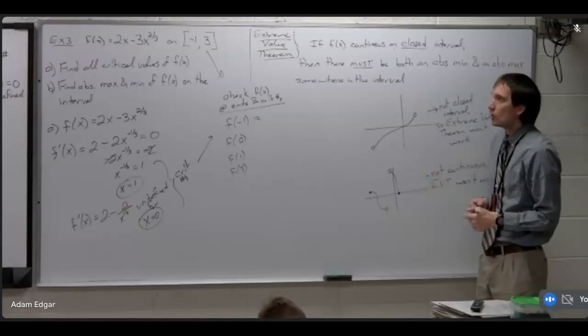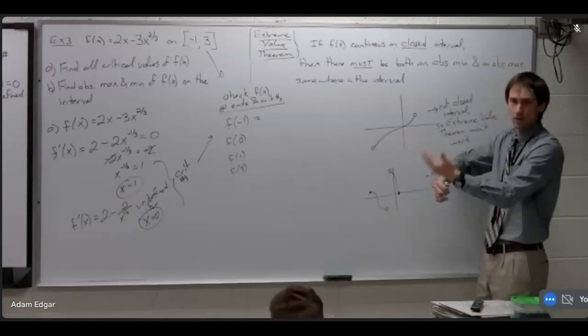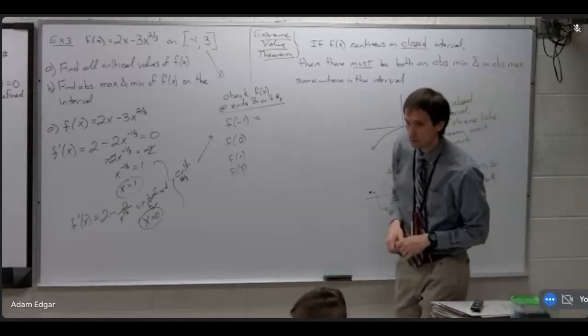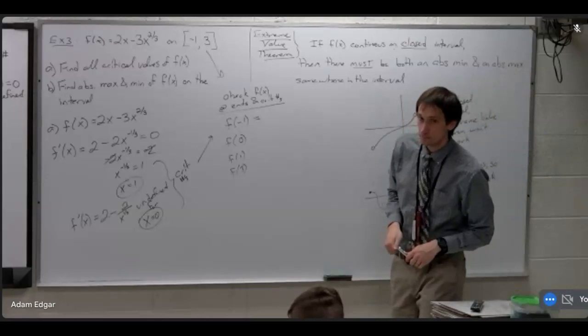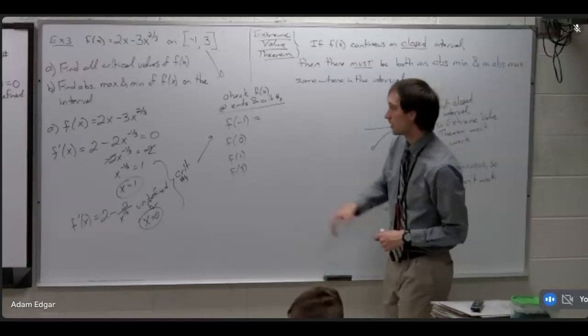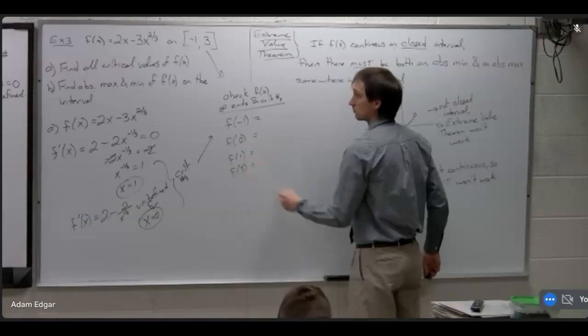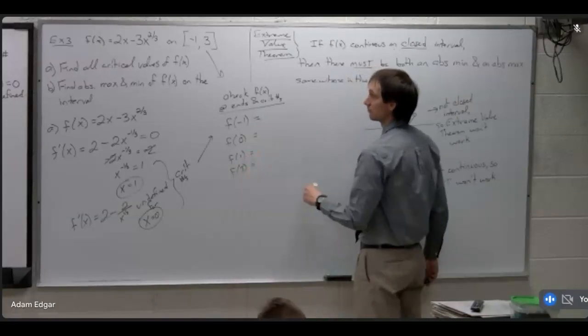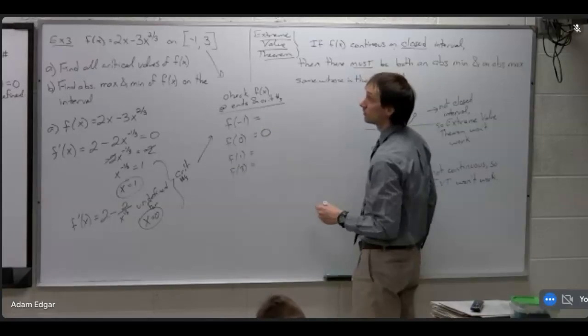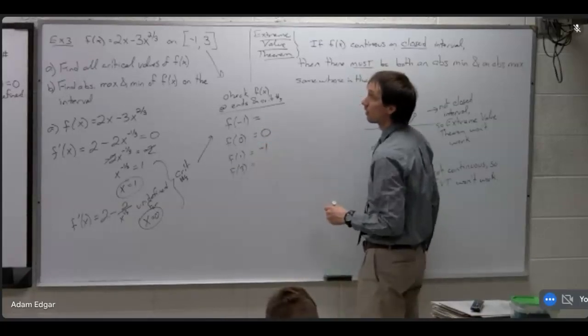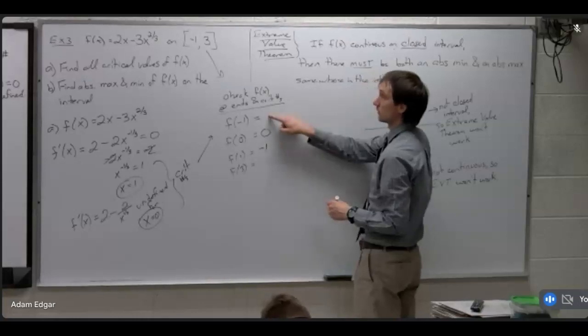Do you guys have any comments to follow up on this? Or any questions or clarifications you want me to make? Okay. Does anybody happen to have these done? 0, 0. Okay, that's cool. That's negative 1. That's probably negative 2.